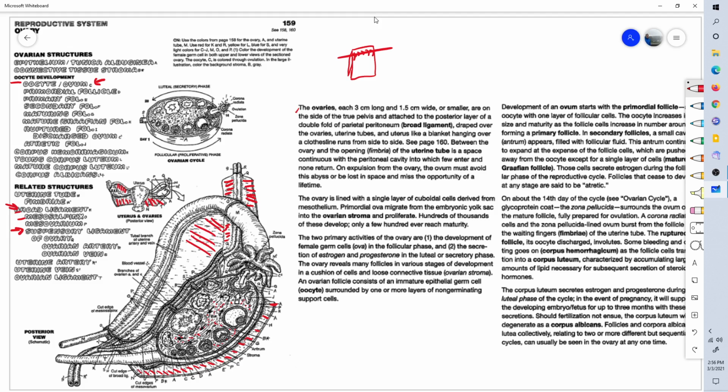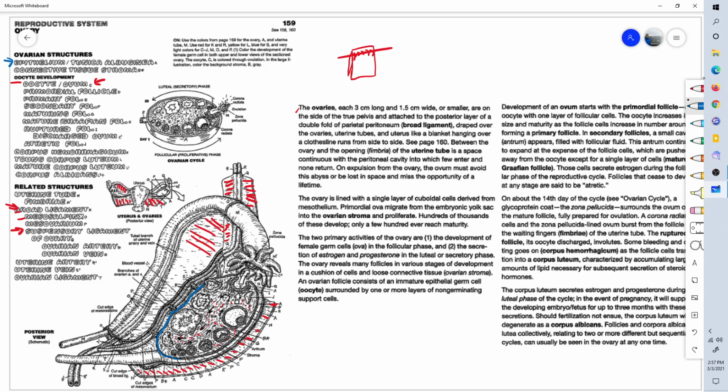And inside the ovary, there is an inner layer of epithelium called the tunica albuginea. And that is just this single epithelial layer on the outside here surrounding the ovary.